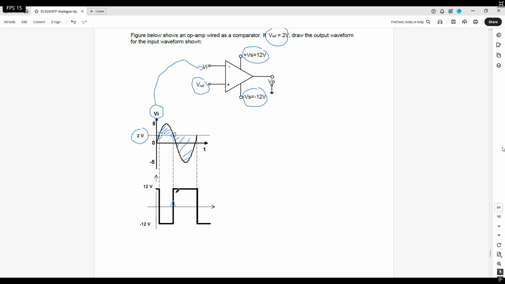You project down. The important point to note is the reference voltage. In other words, this part is where Vi is greater than Vref.